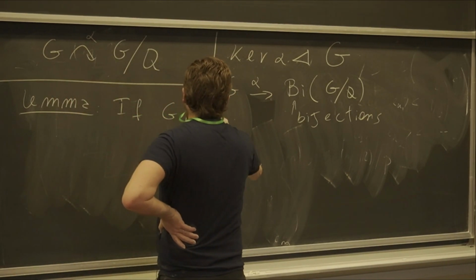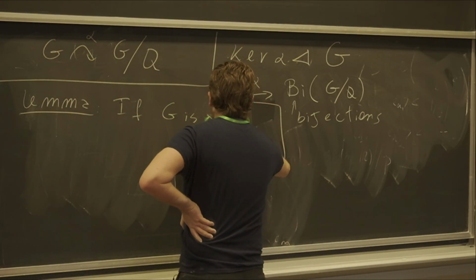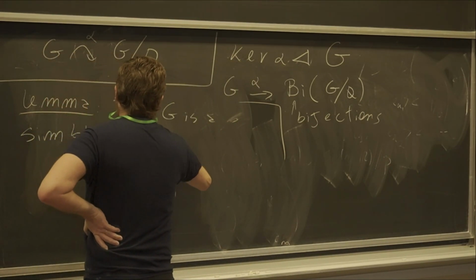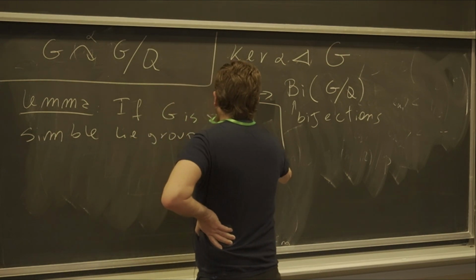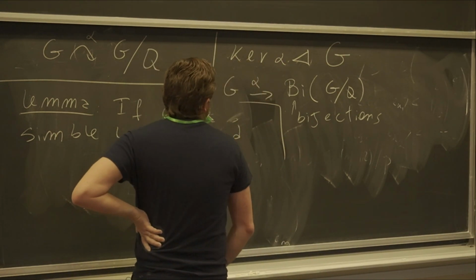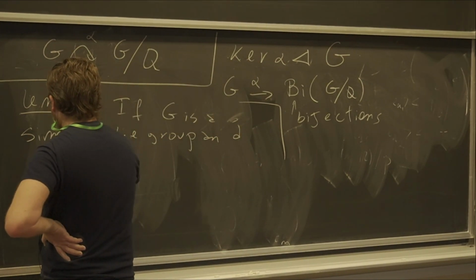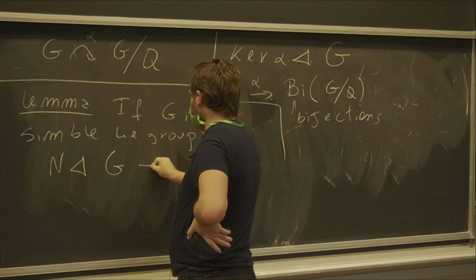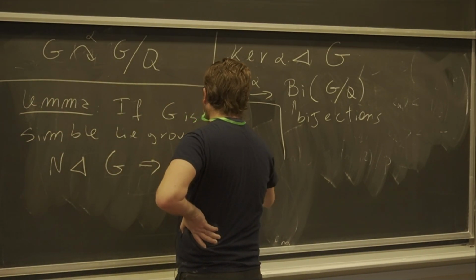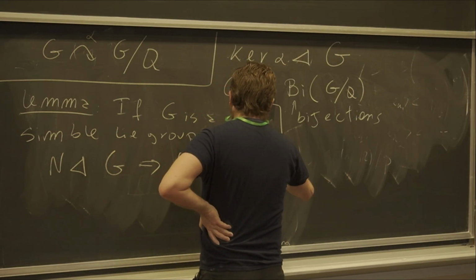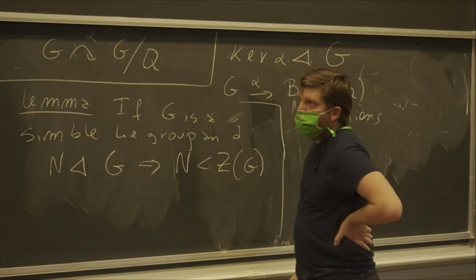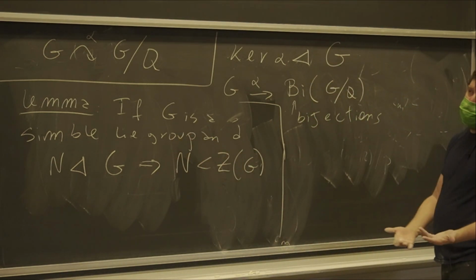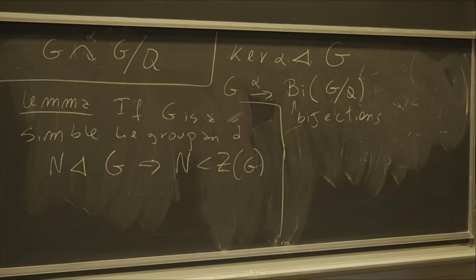If G is a simple group, and N is a normal subgroup of G, then N is inside the center of G. And clearly, any subgroup of the center is normal, and the other way around is what is telling you that you cannot do anything else.